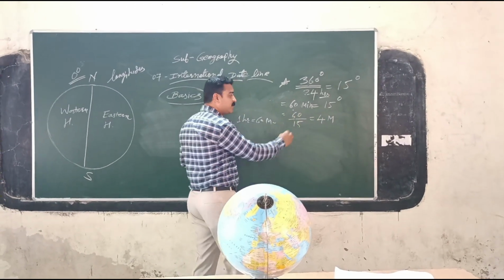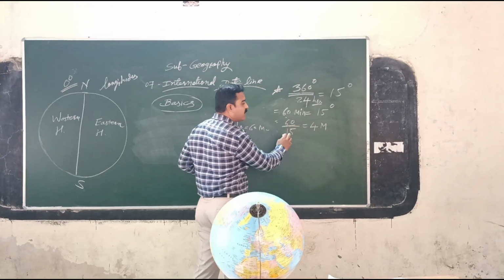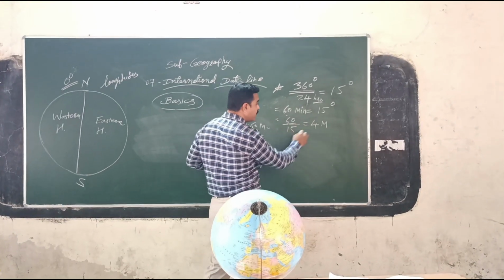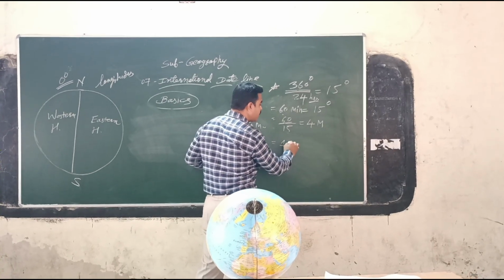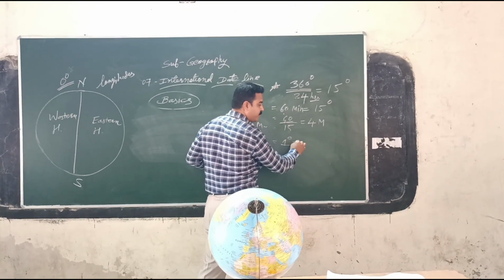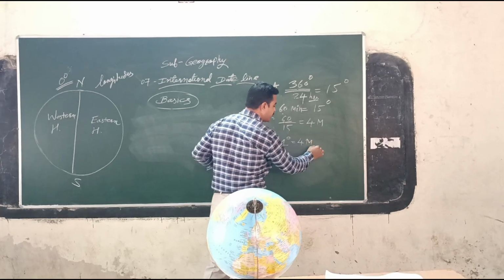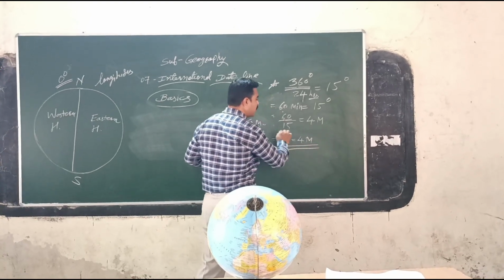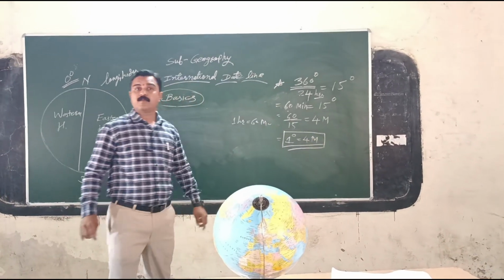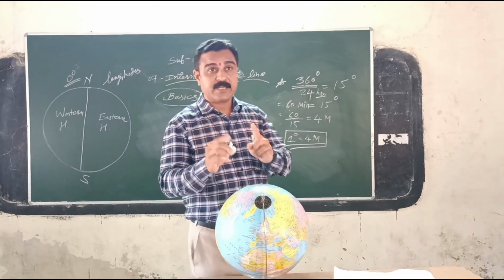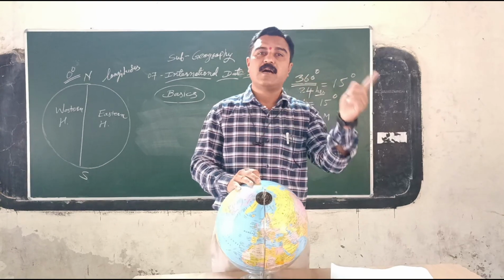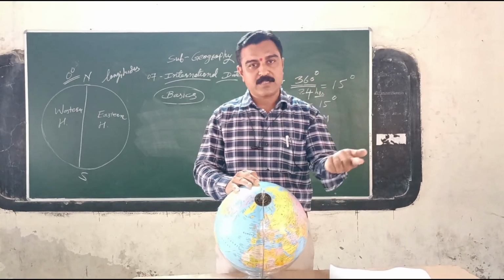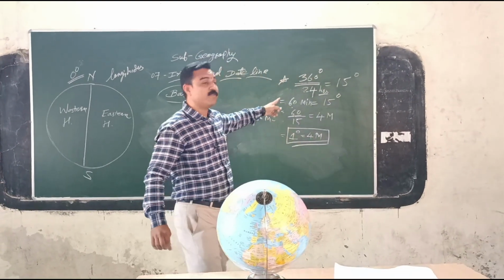Now 60 divided by 15 is equal to 4 minutes. It means the difference between single longitudes is 4 minutes. When the earth rotates 1 degree, it needs 4 minutes to go on to another longitude. This is the calculation we need.